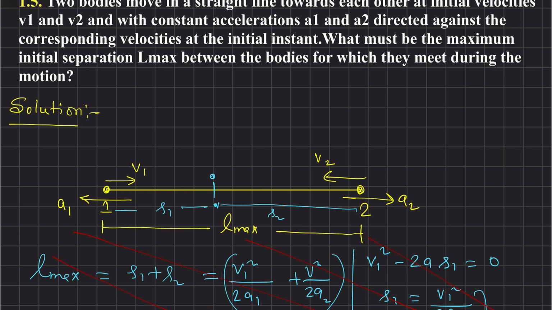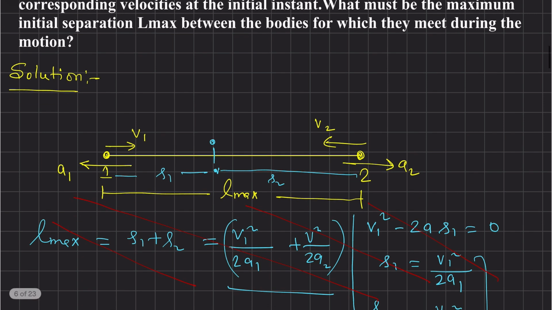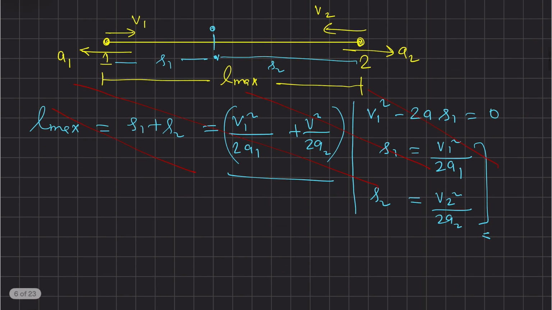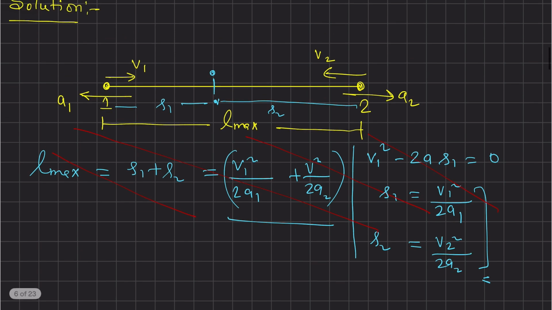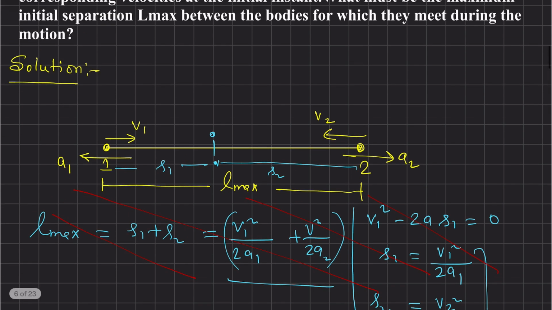So if you have understood this idea, what I would advise is that there are three ways to solve this problem. The first way: always remember, when two particles are involved and some sort of kinematics is getting involved, I would advise that you go with relative velocity kinematics. You can solve this problem very easily with that technique.